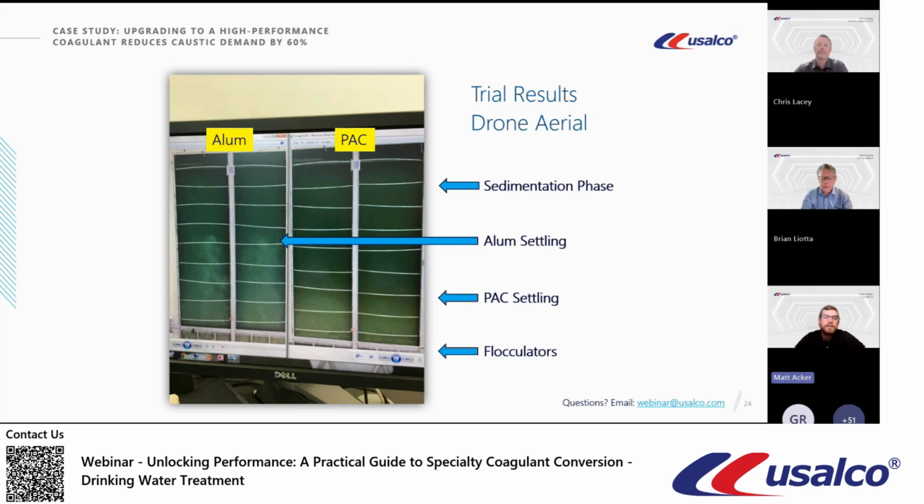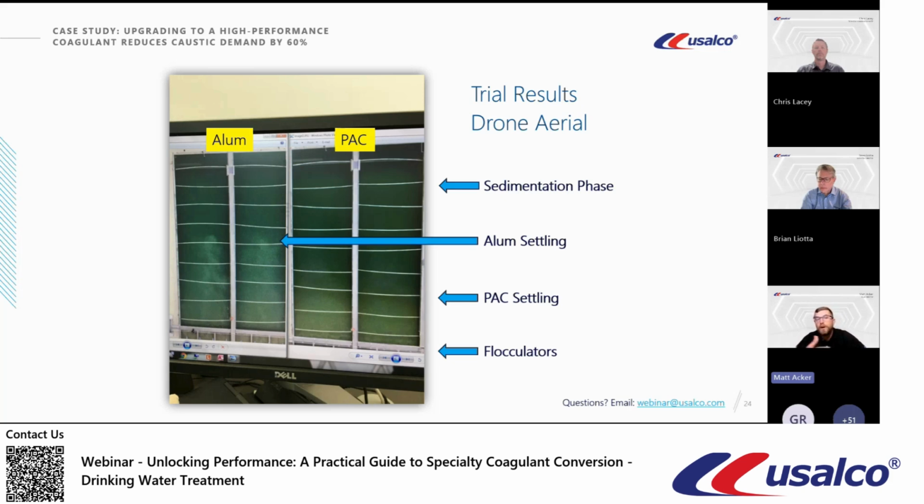Another neat thing about this is this facility is not set up for automatic blowdowns. So with the alum, about every 2 months, they would have to take that basin down and have operations rinse and clean these basins, and it would take over a shift. At this point, we're paying operational overtime to clean these basins.